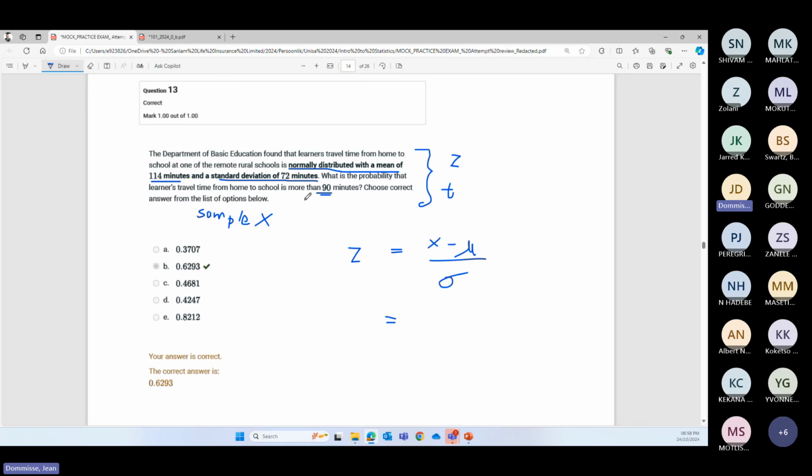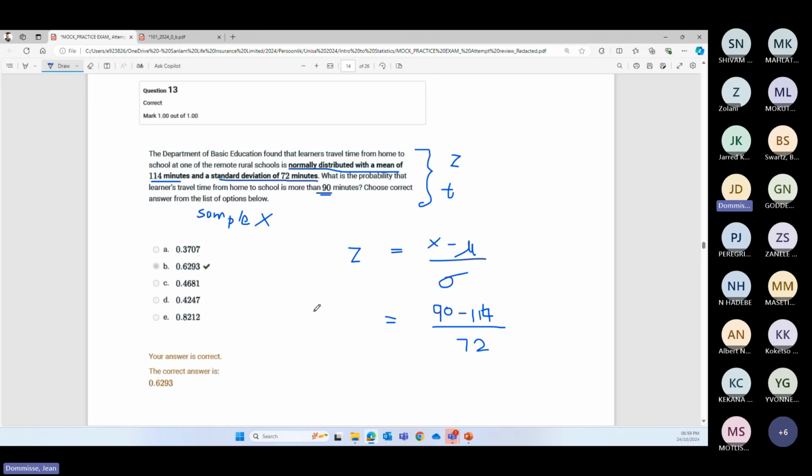So let's see, when it is normally distributed with a mean of 114, standard deviation, and then what's the probability that a learner's travel time from home to school is more than 90? So 90 minus 114, sorry, divided by standard deviation is 72.